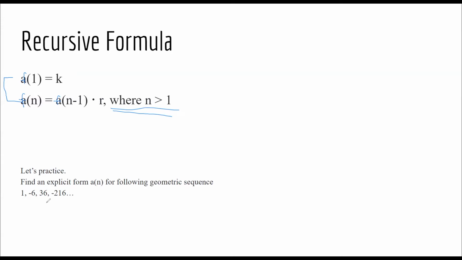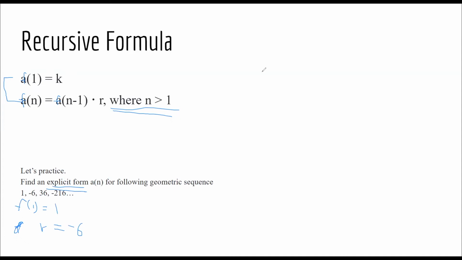Okay, we have to first find the first term, which is 1. And then the common ratio is -6. And then we can write the explicit formula.